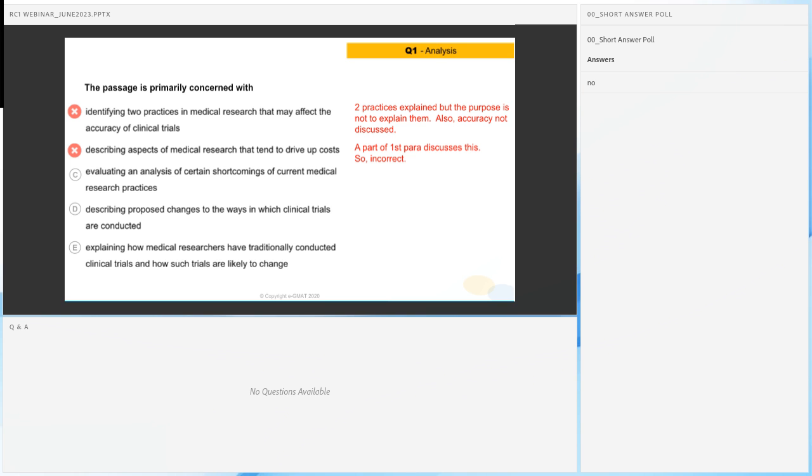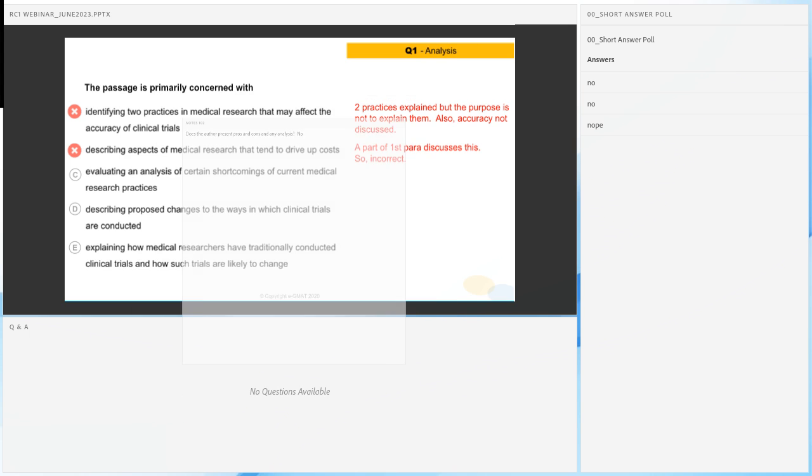No. The answer is no, which is where you should have just rejected this. When you're doing an evaluation of an analysis, are we talking about pros and cons of any analysis? No.